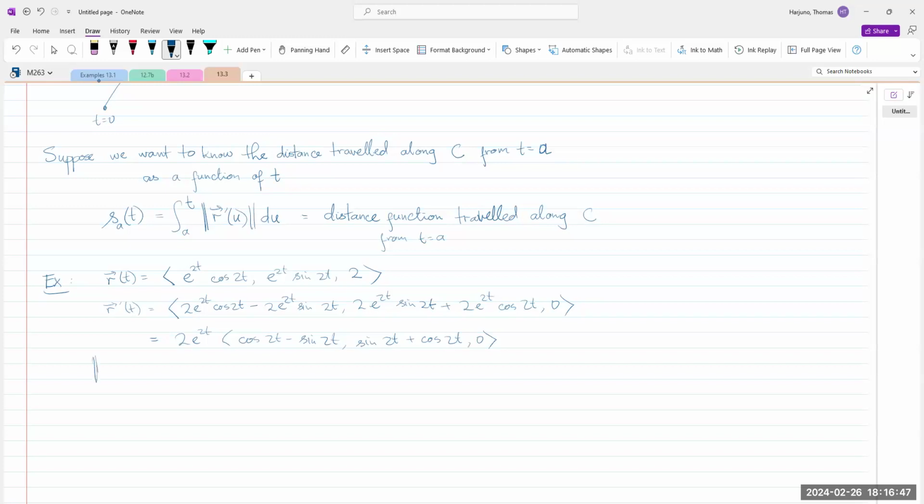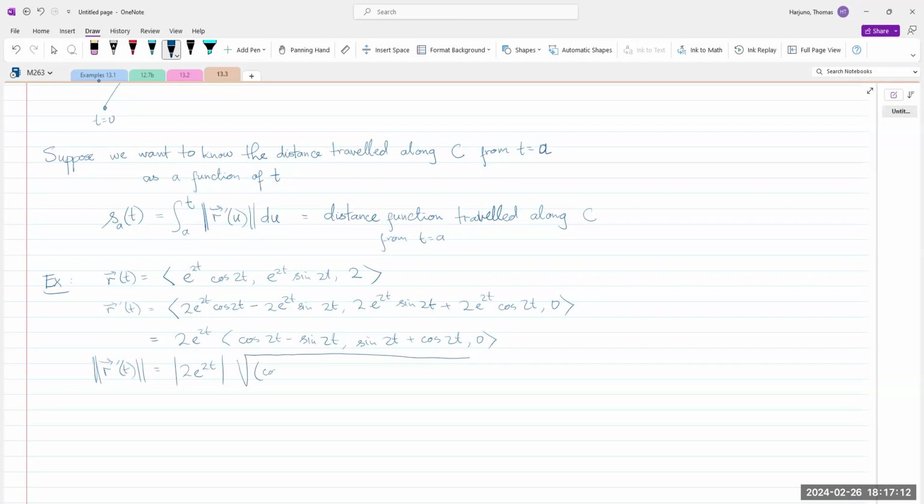So when I compute the magnitude, you see we have a common factor, right? Then it will be the absolute value of 2e to the 2t. The nice thing is 2e to the 2t is always positive anyway, but I need you to be aware that it's supposed to be always positive because it is the length, right? Okay, and then I take the square root of whatever is inside.